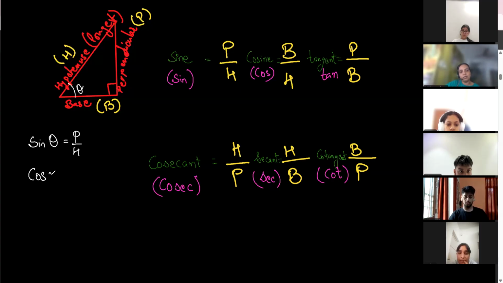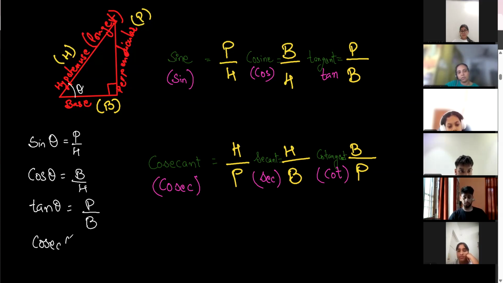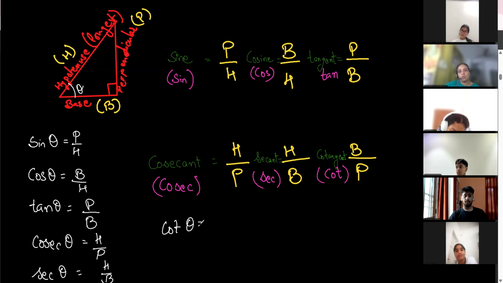Cos theta will be equal to B by H. Tan theta will be equal to P by B. Cosec theta will be equal to H by P. Sec theta will be equal to H by B. And cotangent, cot theta, will be equal to B by P.